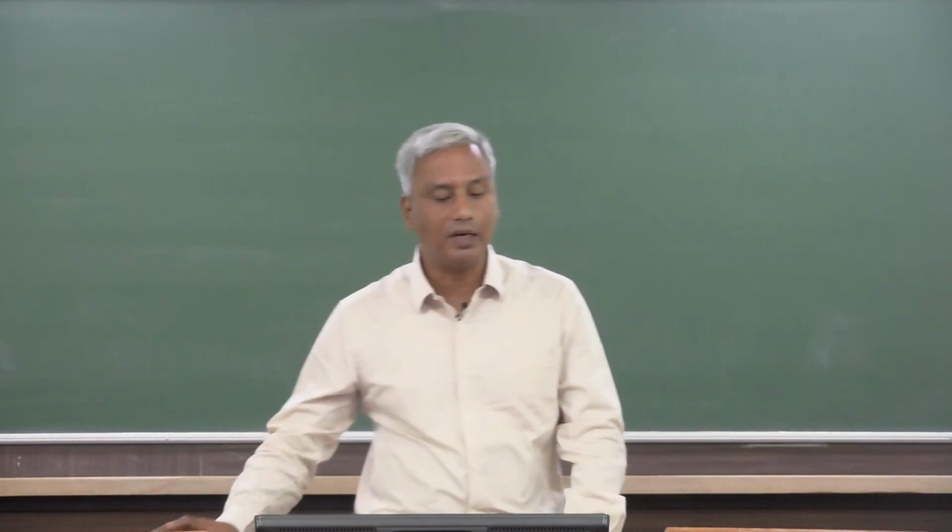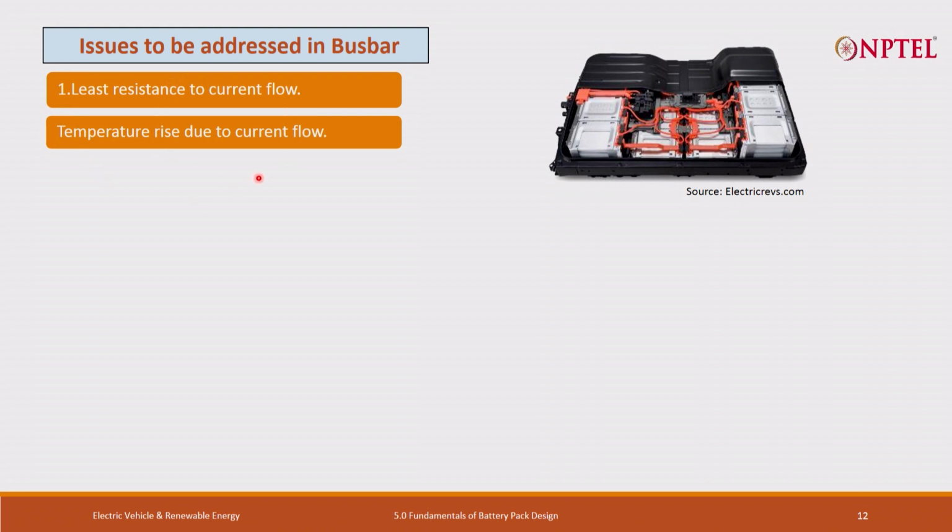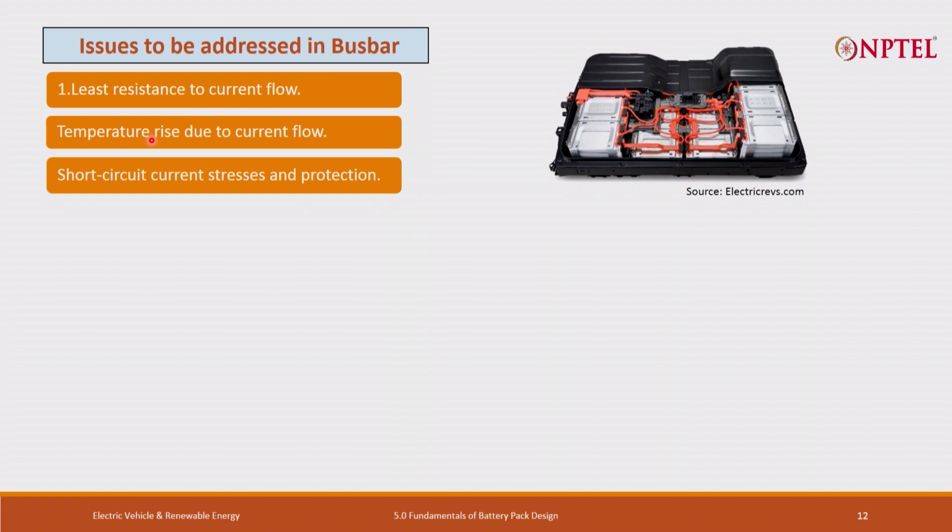So, you have to worry about what could be the maximum temperature rise with the designed current flow, and if it is acceptable, well and good. If it is not acceptable, you will go back and change the design of the bus bar, so that your temperature rise does not go beyond the designed limit. When I say designed limit, generally it is supposed to be ambient plus 10 degree, not more than that.